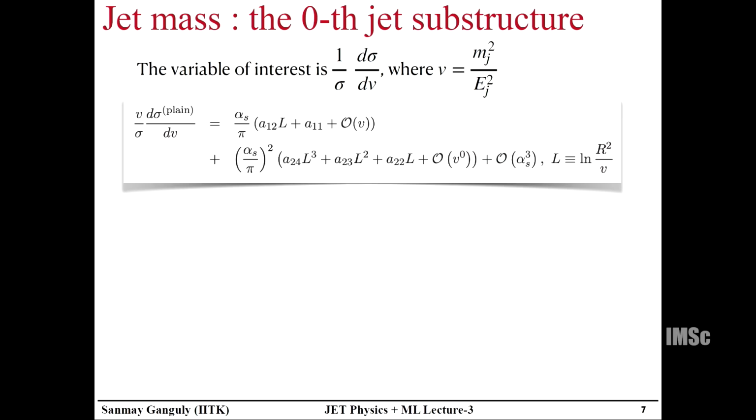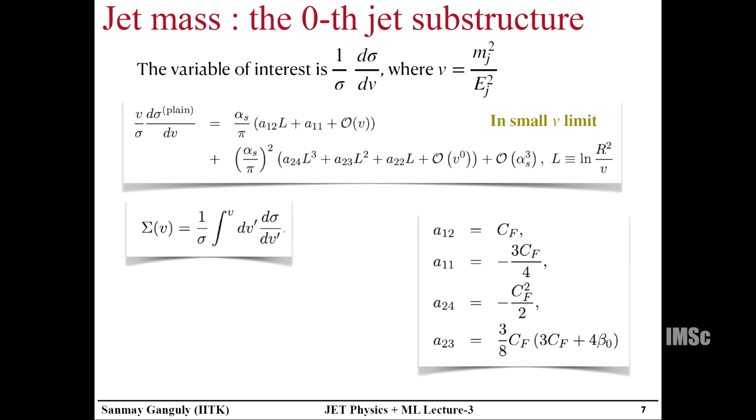So when people compute jet mass, they tend to construct the distribution of this quantity where this v is the mass of the jet squared over the energy of the jet squared, and you see that here are the order alpha_s contribution and the order alpha_s squared contribution, and this is in the small v limit of course, and these numbers are like the C_F and all this stuff.